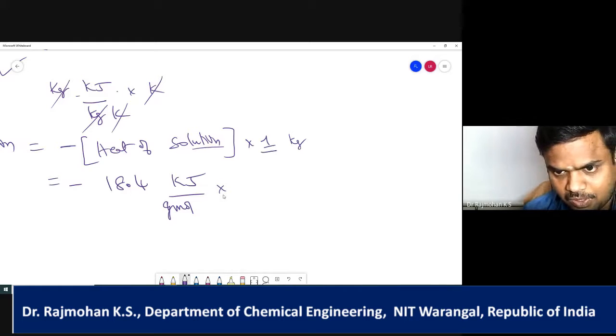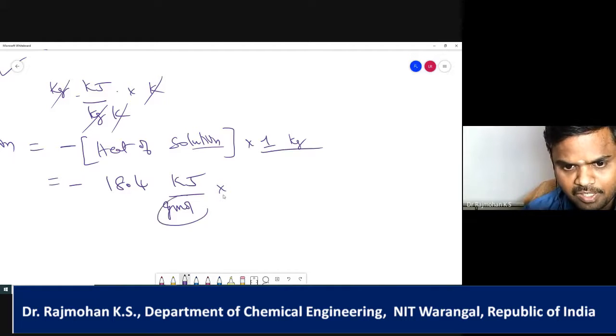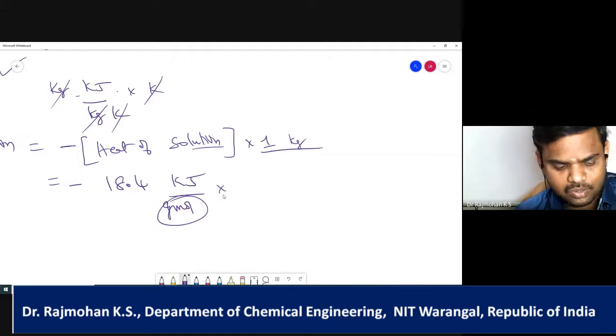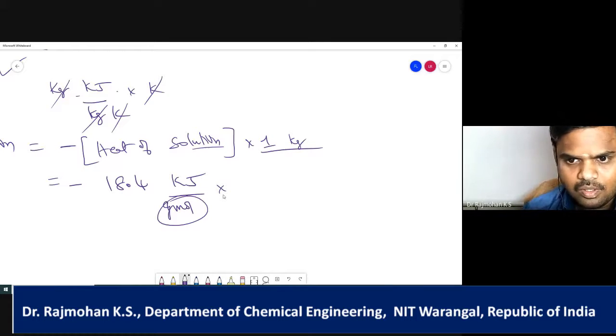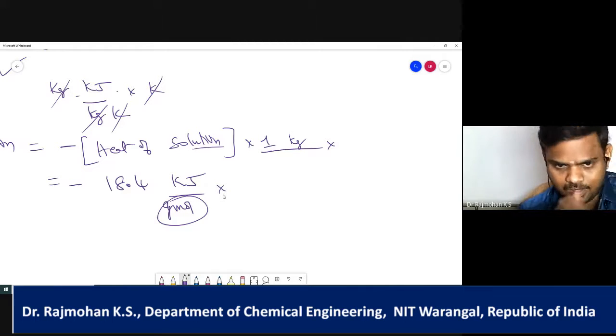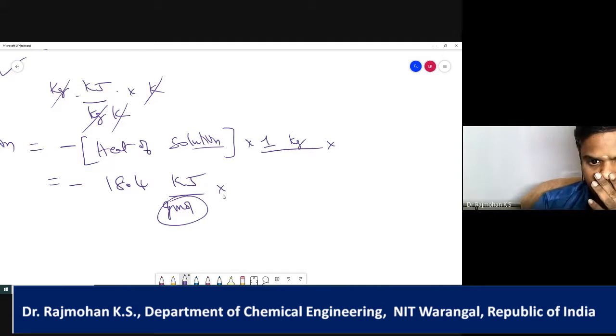So how to convert it into gram mole? Here the data is in kilojoule per gram mole, so we have to take care of unit tally. I have to multiply by the molecular weight of the crystal.